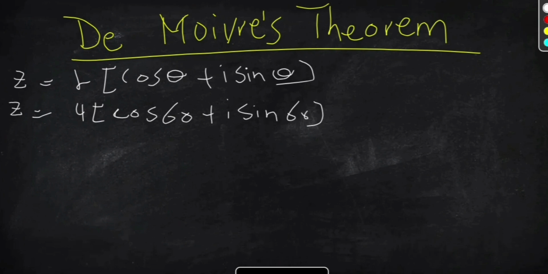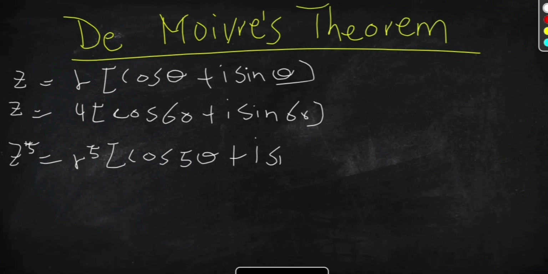We've been asked to find z exponent 5. So z exponent 5 becomes r exponent 5 cos of 5 theta plus i sine of 5 theta.